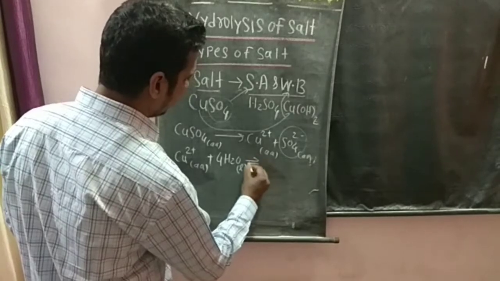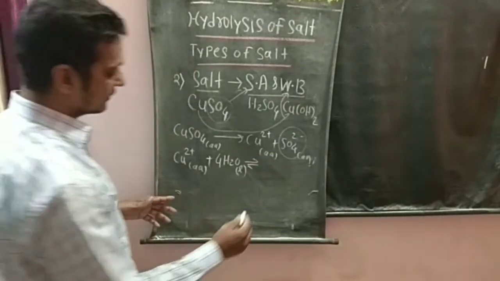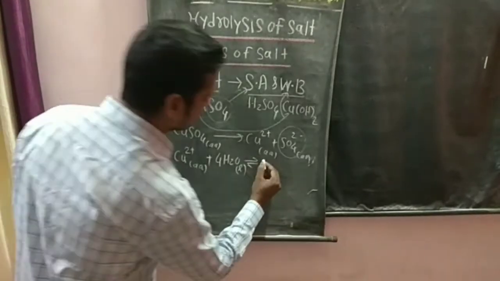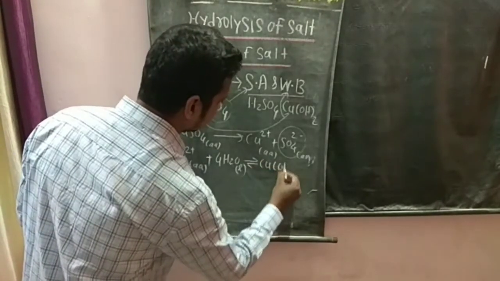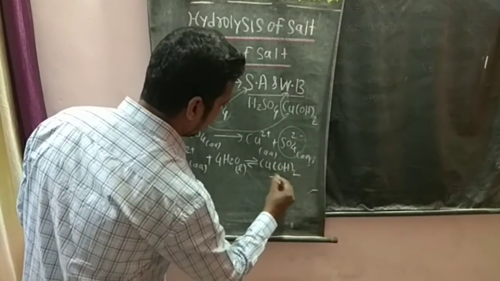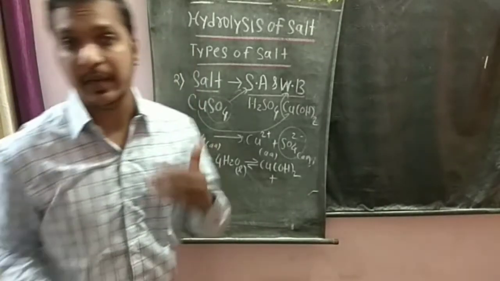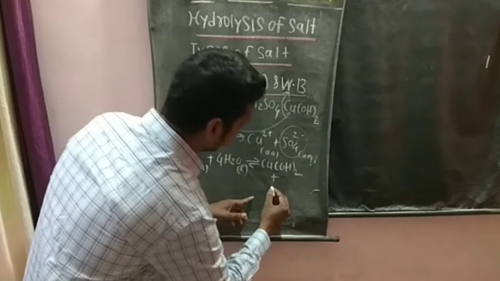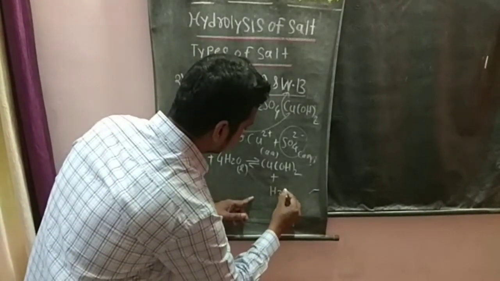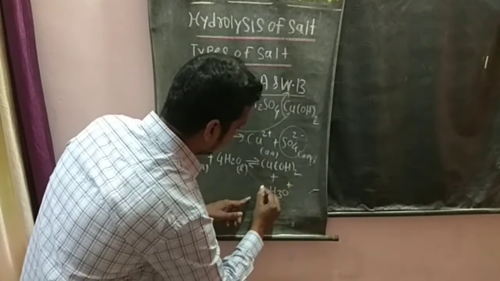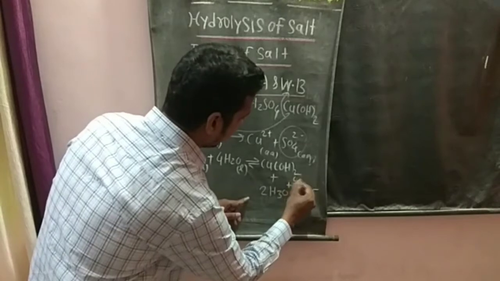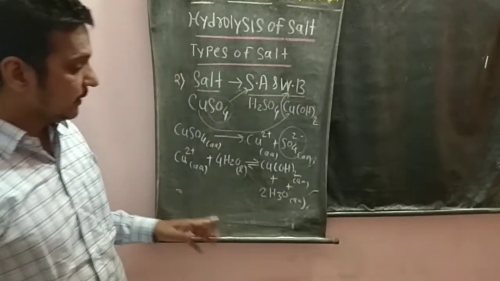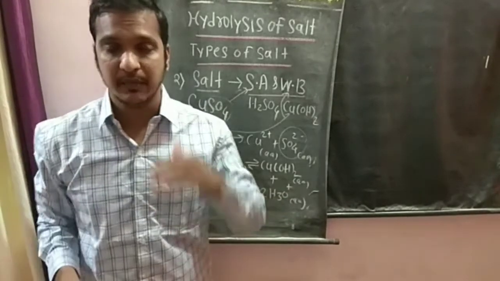Equilibrium is established between Cu2+ and 4H2O, giving us again the weak base Cu(OH)2, and an acid is formed. Which one? H3O+, 2 times, aqueous.